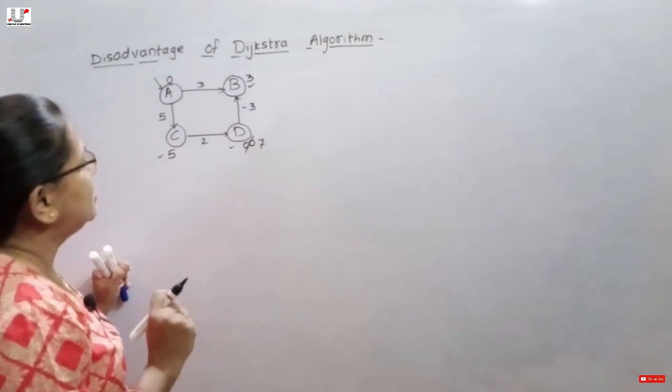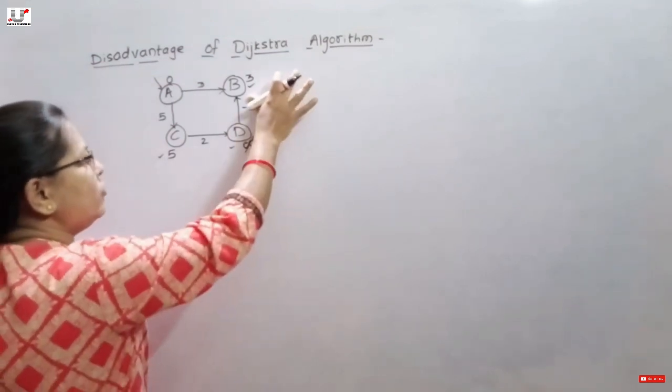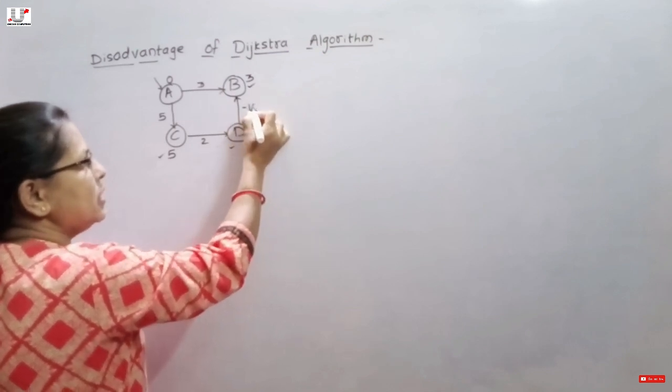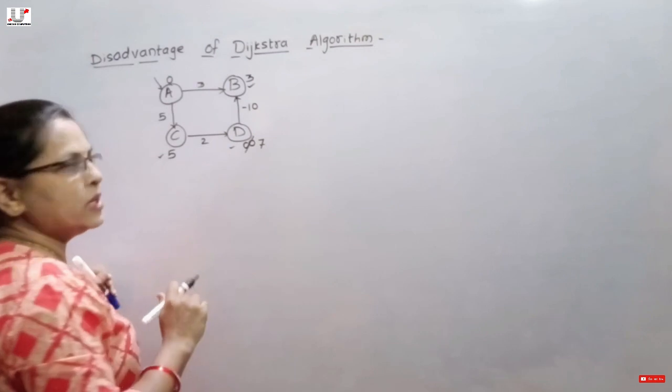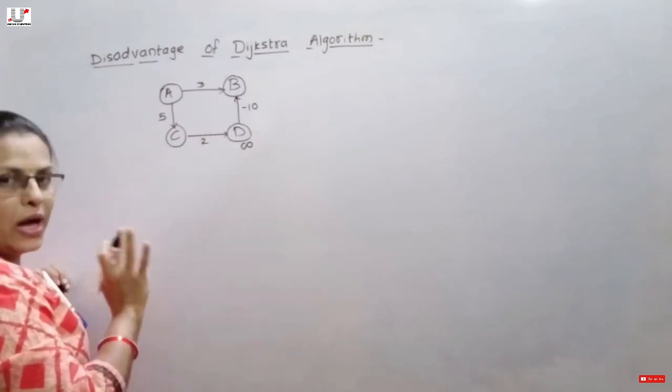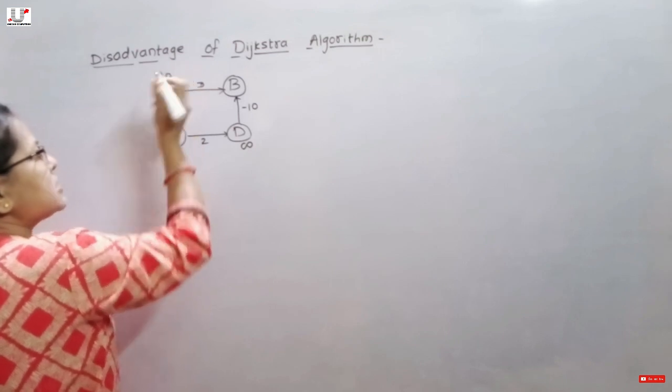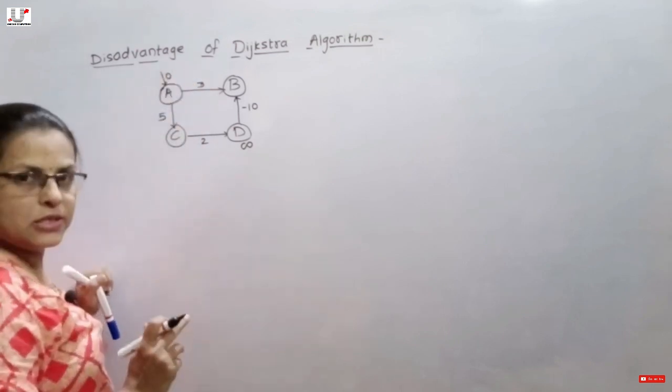Now let us modify the graph by specifying minus 10 instead of minus 3. I have changed the weight to minus 10. As the starting vertex is not given, I consider A as the starting vertex and mark the distance as 0.